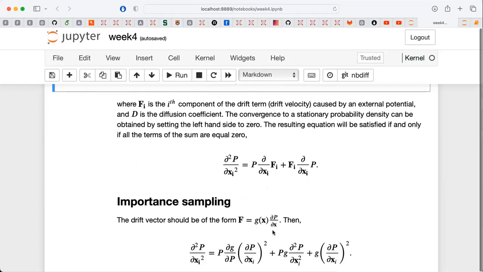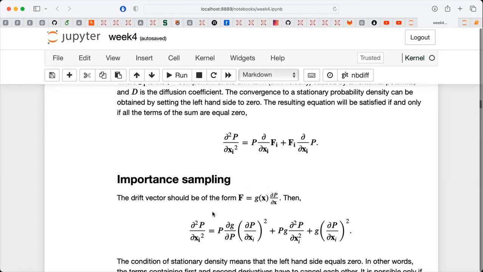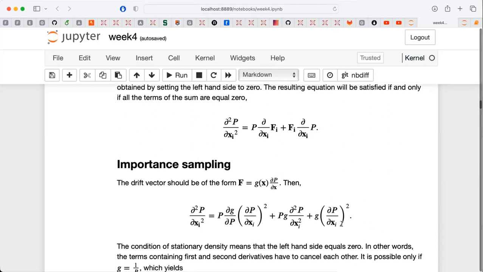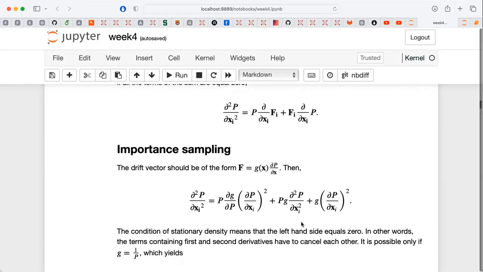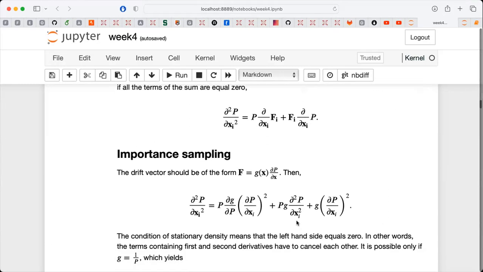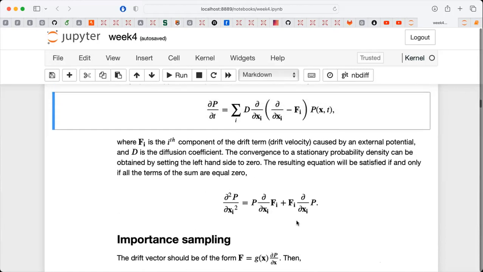If I plug in this specific mathematical shape, it means that this quantity has to be equal to what you see here. Now, the condition of a stationary density means that the left-hand side must again equal 0, right?